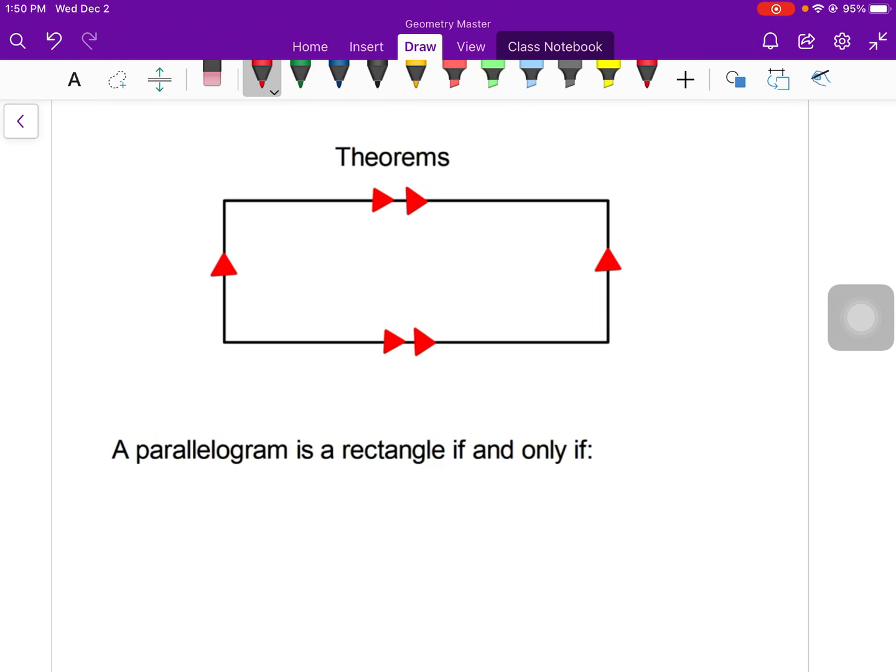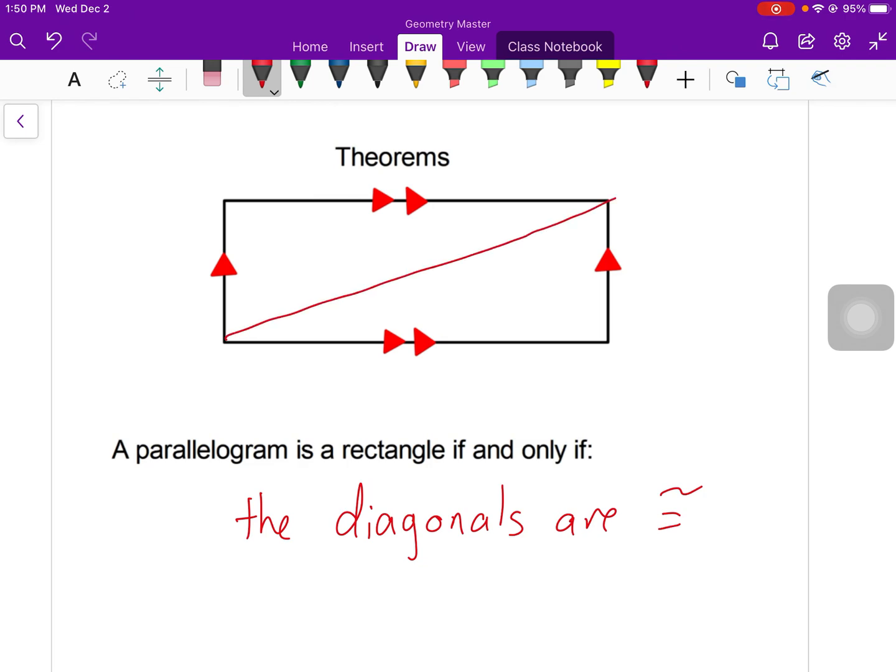Next one is about rectangles. A parallelogram is a rectangle if and only if the diagonals are congruent. We've already mentioned this one. All right, so if the diagonals are congruent, if we draw this out, we're going to hopefully see.